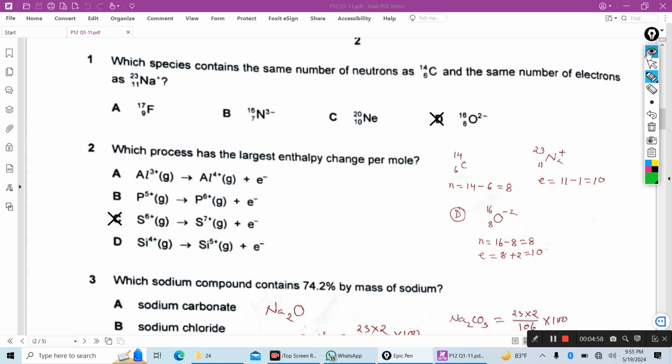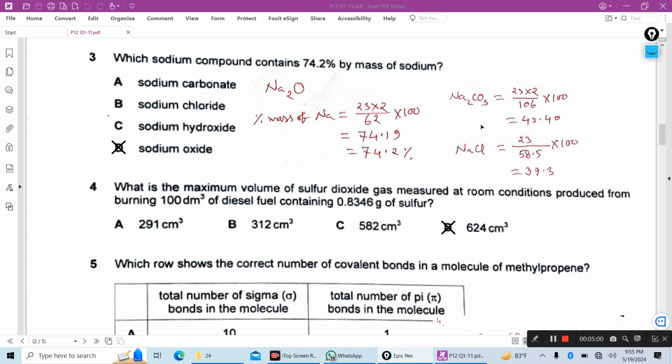Then number 3, which sodium compound contains 74.2% by mass of sodium?